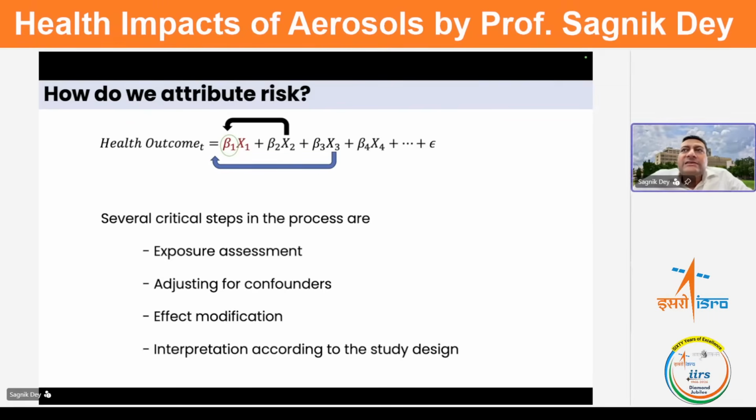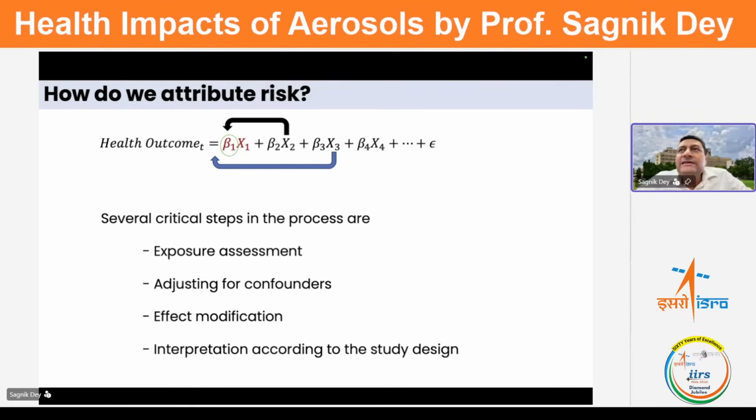The task is challenging because for the same disease, like high blood pressure, for example, you can have different risk factors. Air pollution can cause high blood pressure. Smoking can also cause high blood pressure.